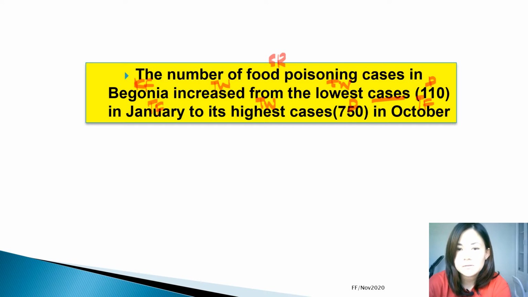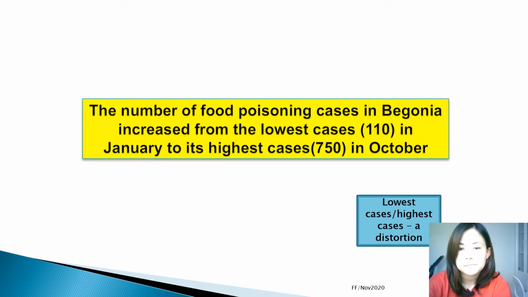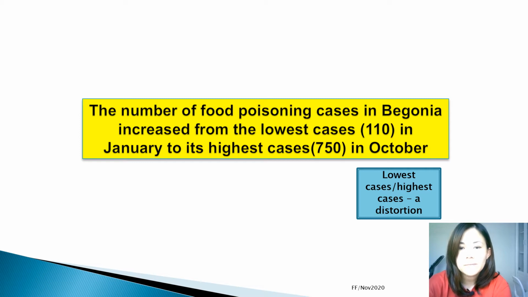Key feature is there. Trend word is given. But what is wrong with the sentence? I review the answer here. It is wrong because when you mention the lowest cases, it means a distortion. Distortion means the meaning has gone away. It is not what you are supposed to tell the examiners. You have already mentioned the number of food poisoning cases, right?